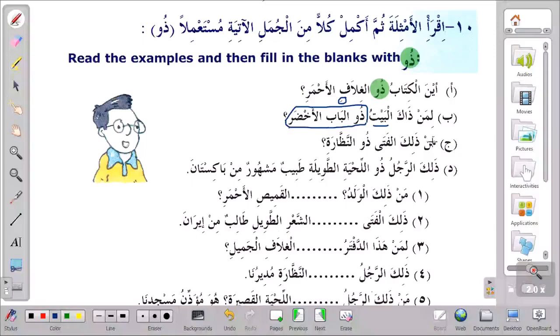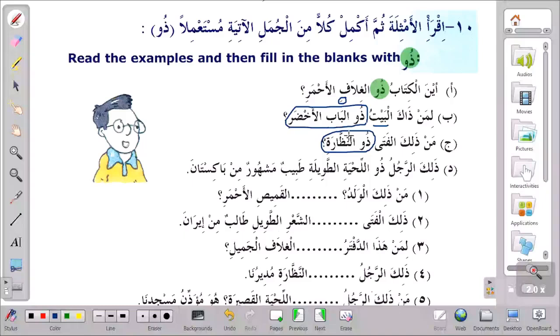So it describes the object. Then: من ذلك الفتى ذو النظارة. So here it doesn't mean possession. When we say ذو نظارة, what is نظارة? Nazzara is the spectacles, or glasses. Maybe you are having an eye problem and you are wearing spectacles. That's what we call nazzara. So ذو نظارة here means wearing the specs. It doesn't mean having specs in his pocket.